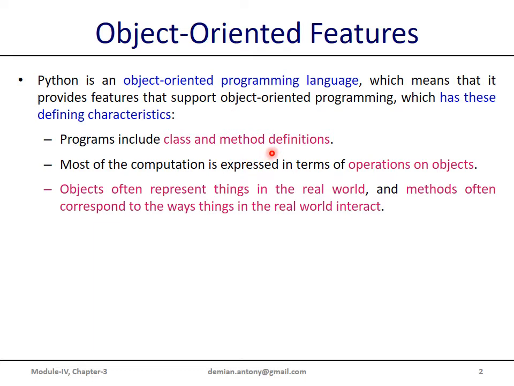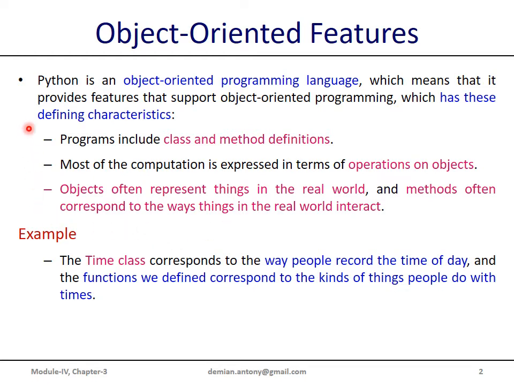Computation within the program is normally expressed in terms of operations on the objects, and the objects that we create or instantiate from the class normally represent things in the real world, and thereby the methods which are defined within the class correspond to the ways the things in the real world interact.